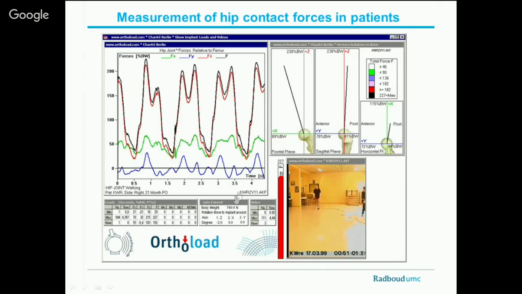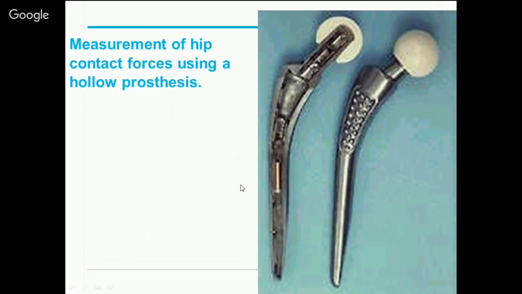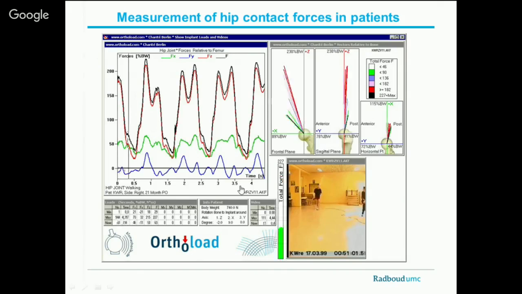Okay, so this is a movie, and you see here a patient walking around, and we will see how his forces are changing. So he's walking here. What we see here is that during walking, it is a little bit over 2 times body weight, 200% of body weight.